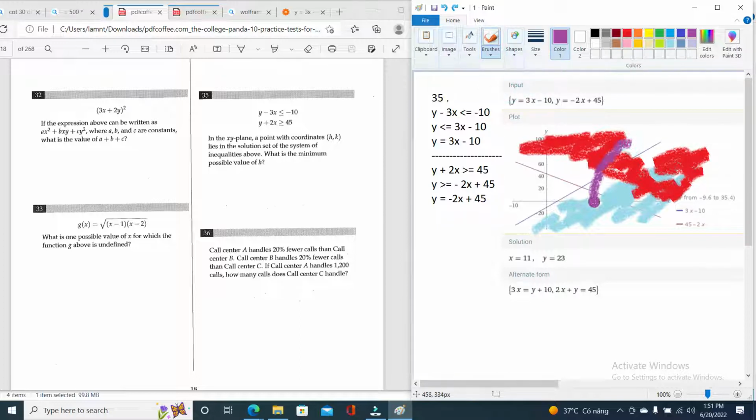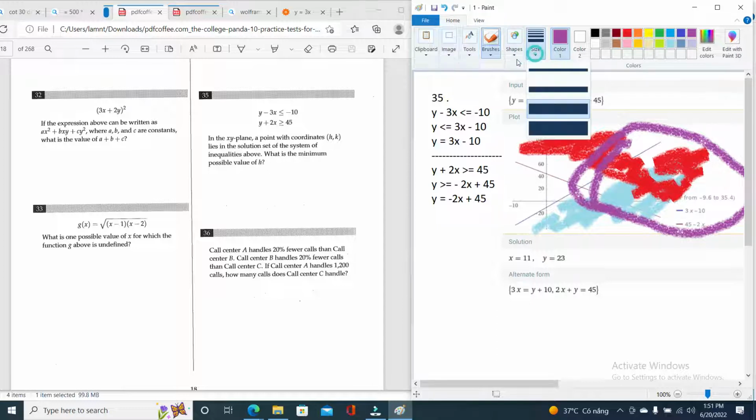This point is the one we have to consider, because the smallest value of h is the x of this intersection point. And our answer is 11.